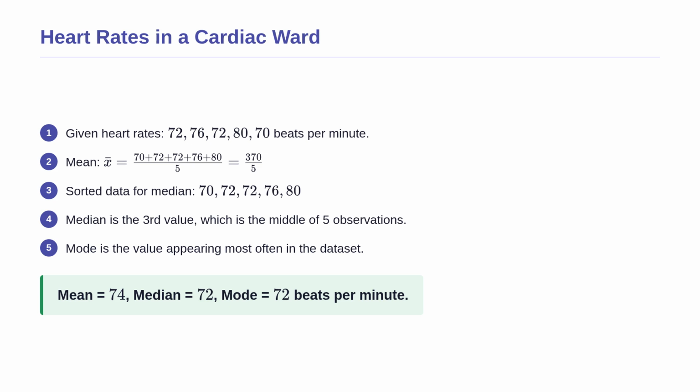Next, to find the median, we must sort the data from lowest to highest. Since we have 5 patients, the third value is our exact middle, which is 72. The mode is also 72, as it appears twice. Physically, this tells us that while the average is pulled up slightly by the patient with an 80 heart rate, the most typical, centrally located heart rate is 72.